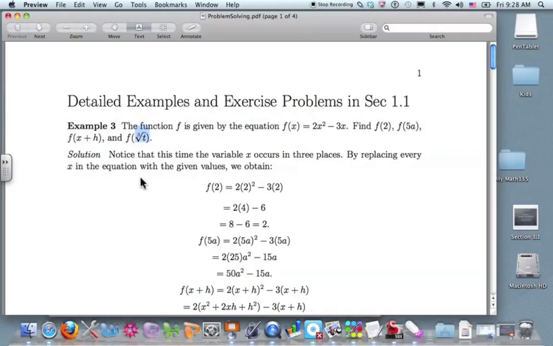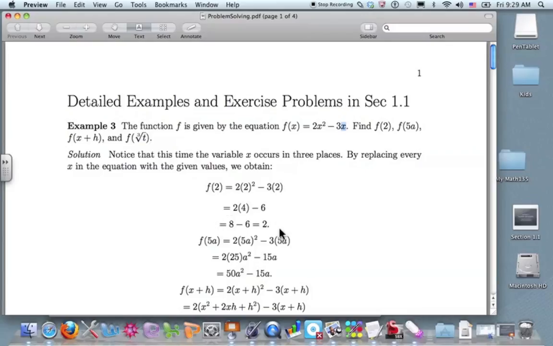So how do we understand this formula? Notice that it's kind of like copy and paste. If f is given by x, and there are two x's, when we are evaluating f of 2, we replace x by 2 in both x locations.